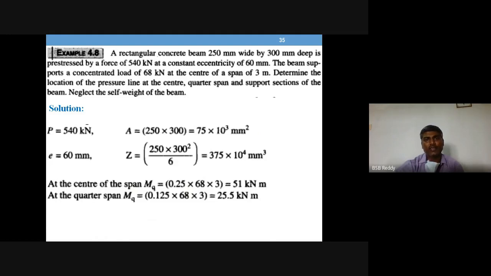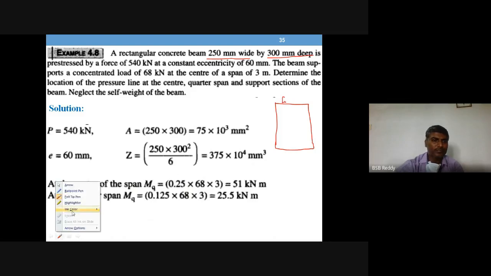of a different case. A rectangular concrete beam, 250 mm wide, 300 mm deep. Let us plot it. Width is 250, and depth is 300.